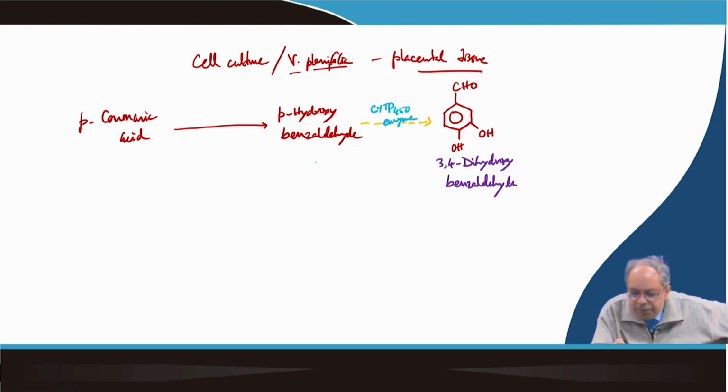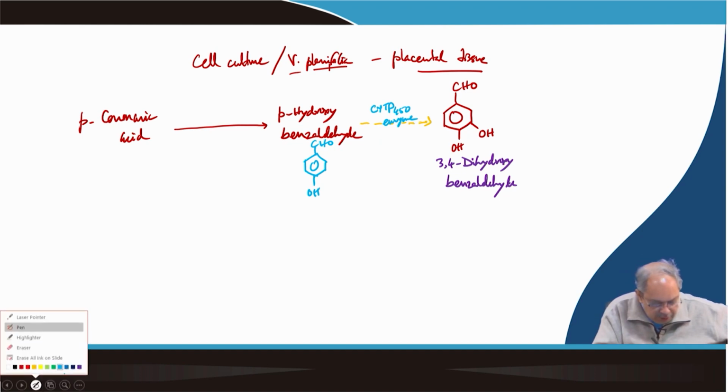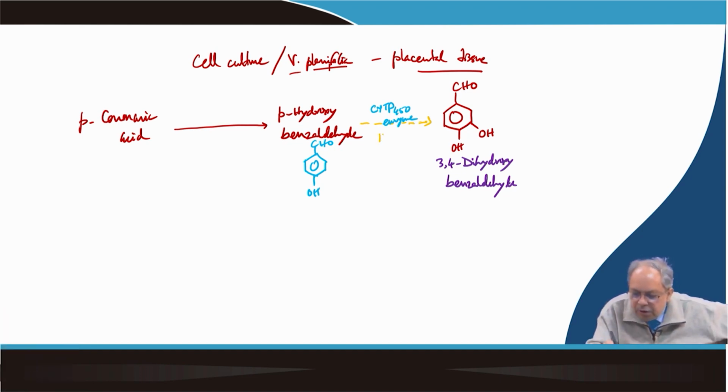Why? Because para-hydroxybenzaldehyde has only one OH here, so another OH. That is why it is basically a hydroxylase, but this hydroxylase has not been characterized.